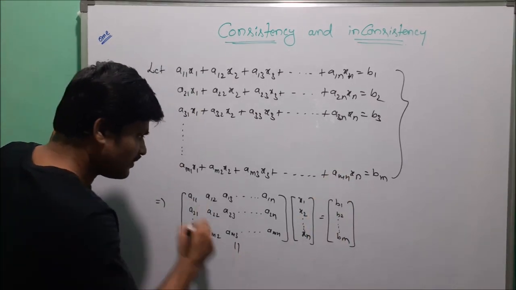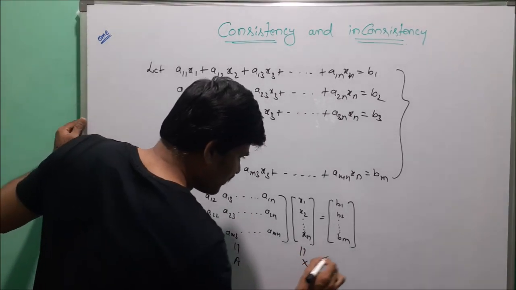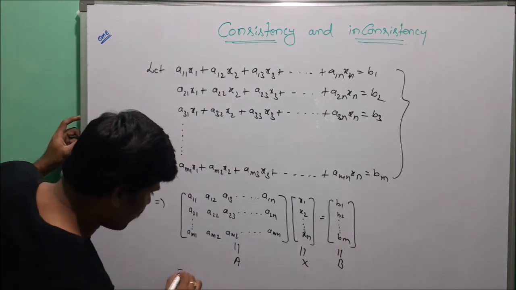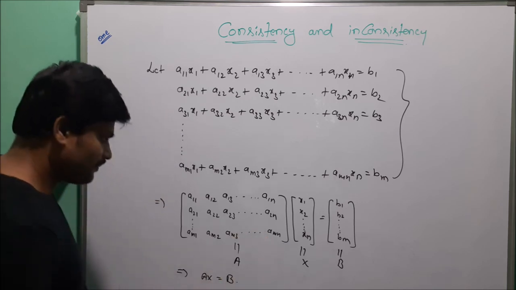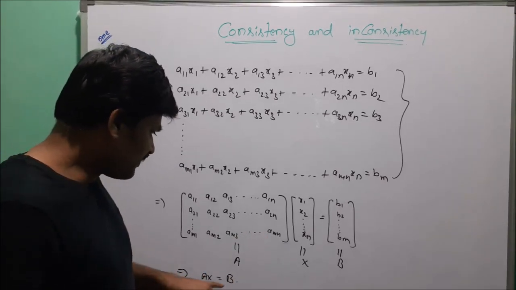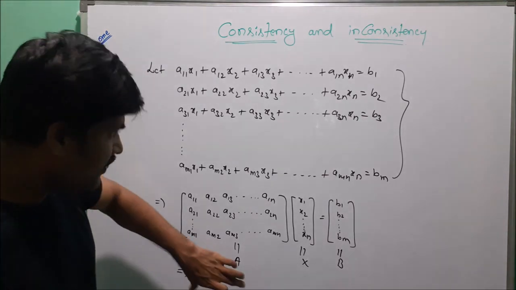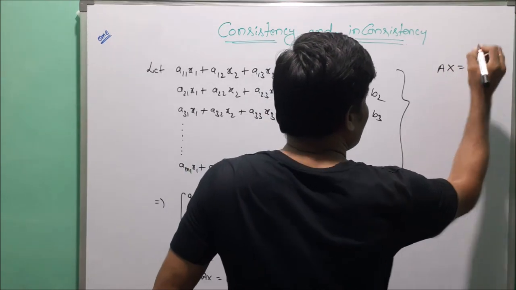Let us assume the coefficient matrix is denoted by A, this is x, this is b. Now the matrix form is Ax equals b.